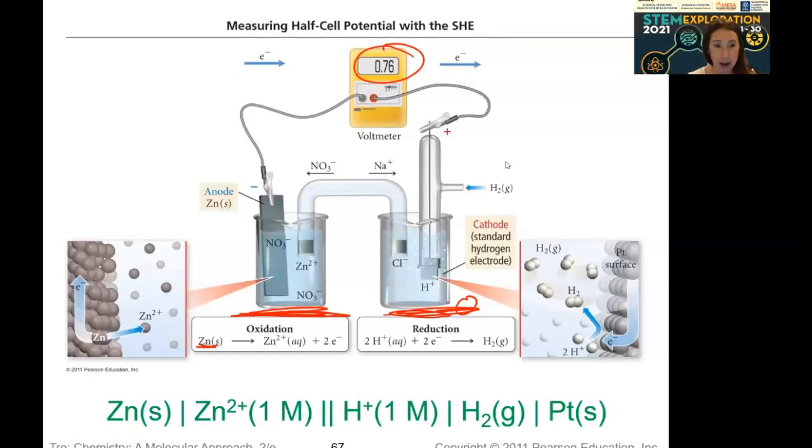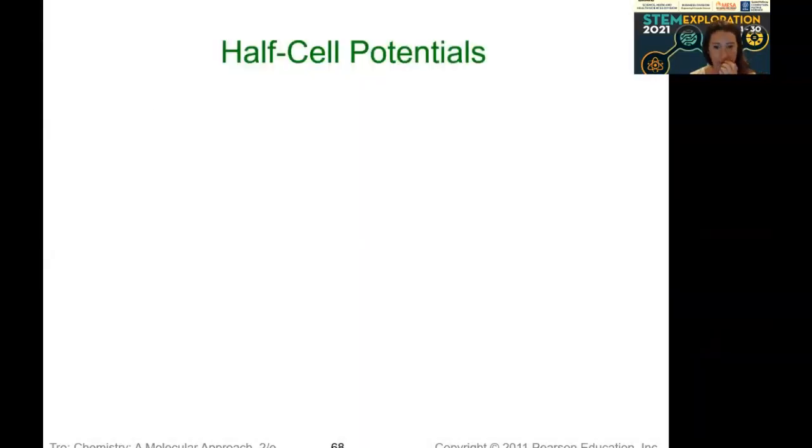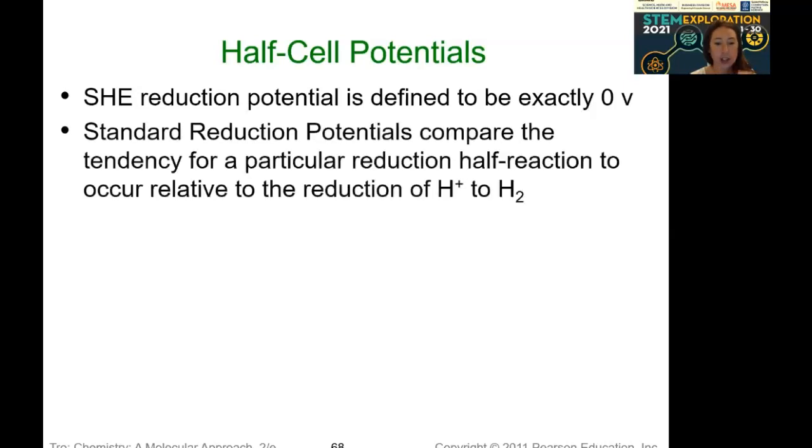Okay, so now let's summarize what we've talked about so far. And then we're going to go back and explain it again after we understand this table. So the SHE, we just decided arbitrarily to call it 0 volts, that's the electron potential.